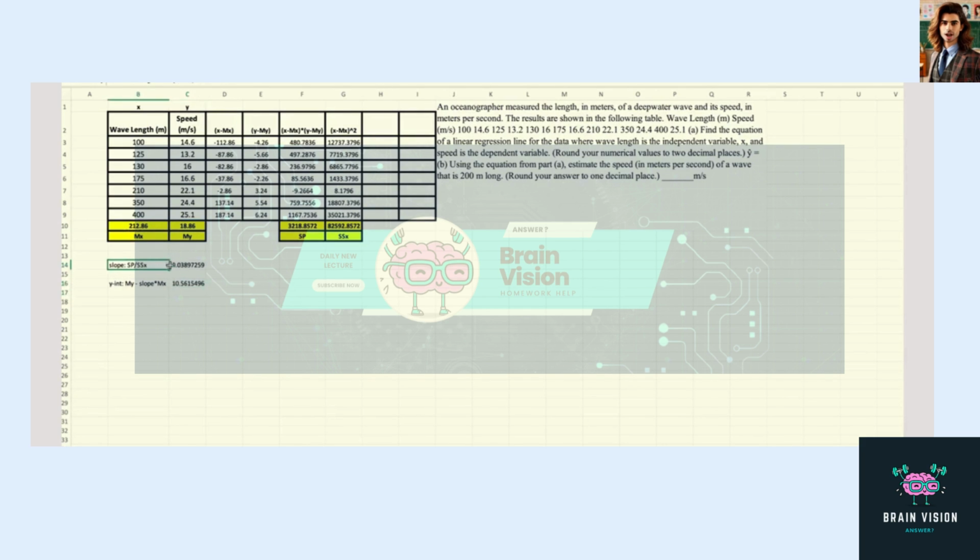Now I'm just going to highlight all of this and bold it. I like to bold and highlight things. I'm going to make this a little bit bigger for you.